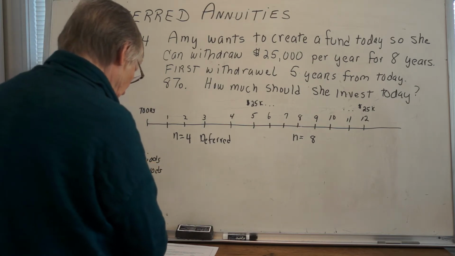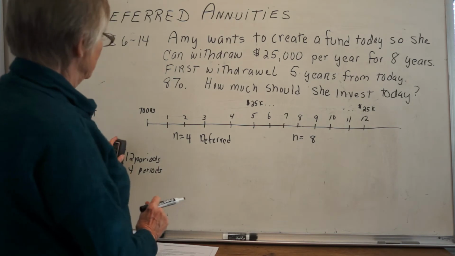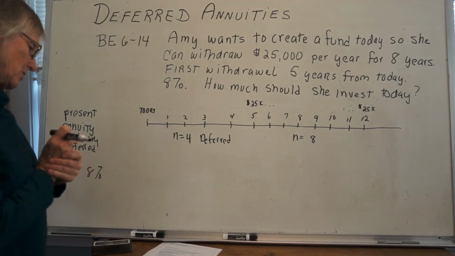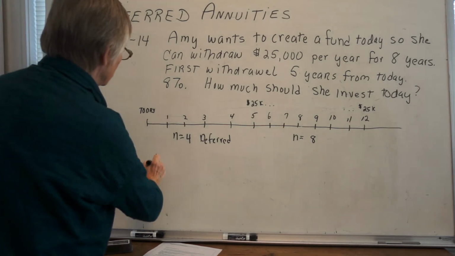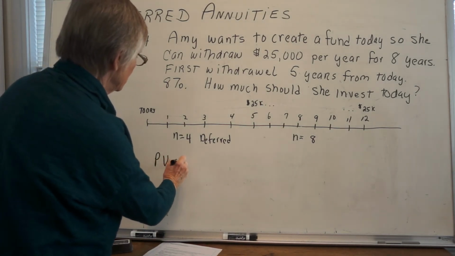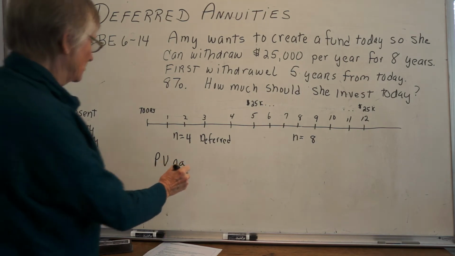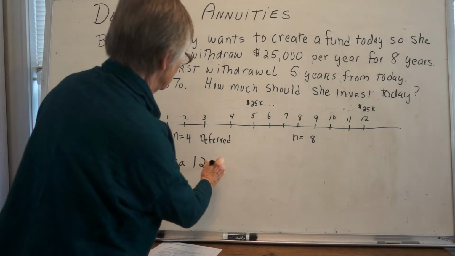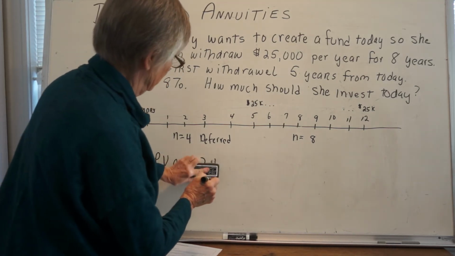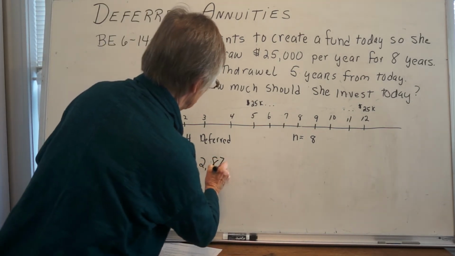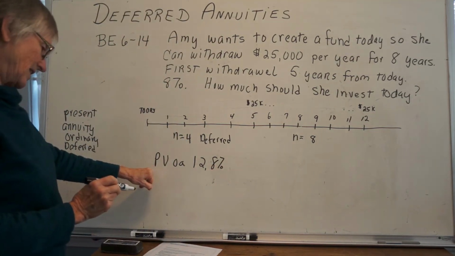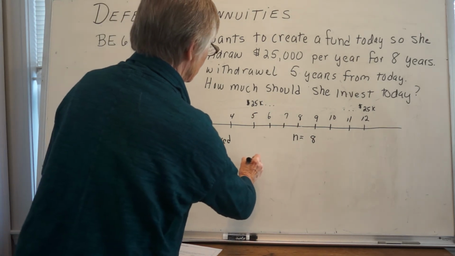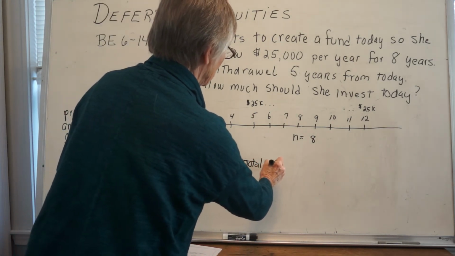So what we're going to do here, and I don't want to get too confusing, is look for the present value of an ordinary annuity, taking the entire period of 12. N equals 12 and 8%. That would be the total period of 12.